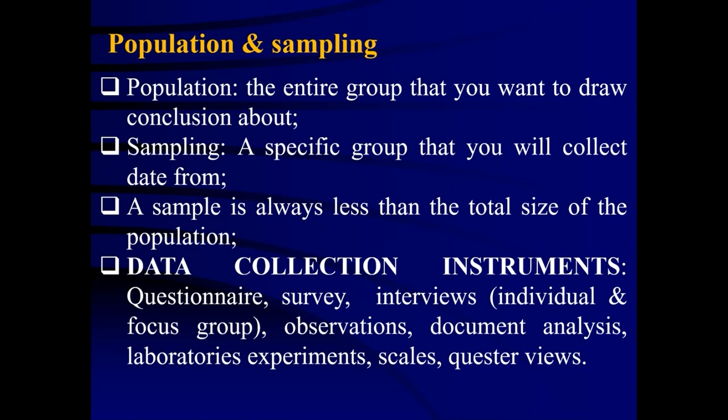Then you must also talk of the data collection instrument in your study. We need to know how you are going to collect your data. For instance, you can collect it through questionnaires. You can collect it through surveys in the context of a quantitative study. In a qualitative study, you can use interviews.